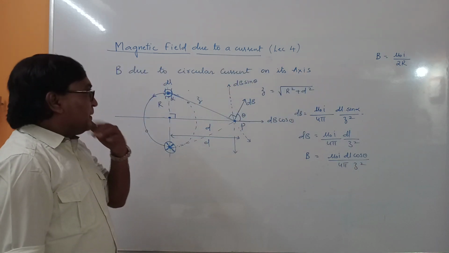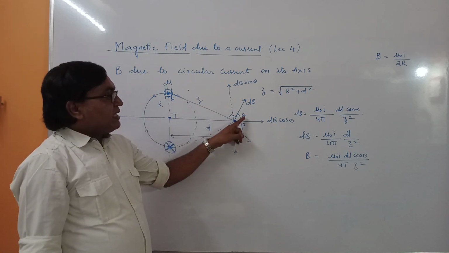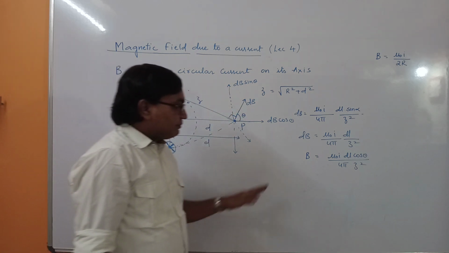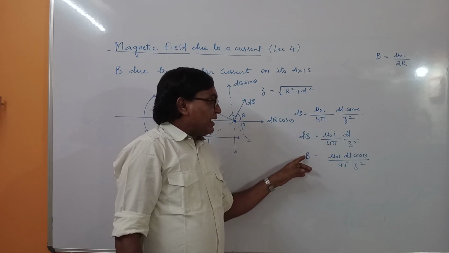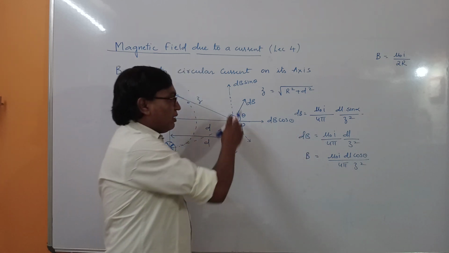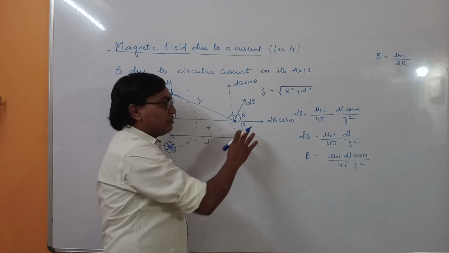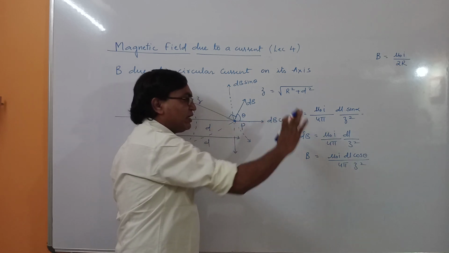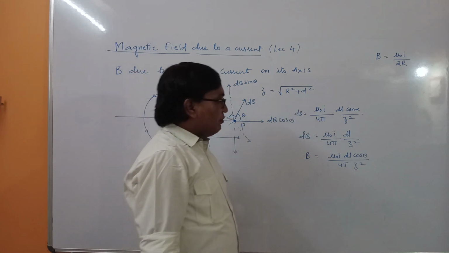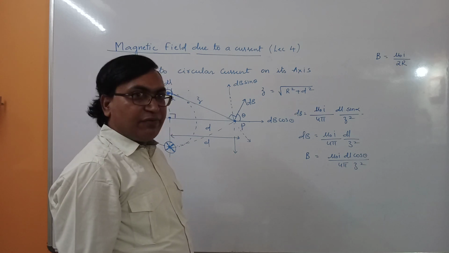This angle is alpha, this angle I have taken theta. Fine. So these components will cancel, and the only magnetic field we will get will be along this direction: mu naught I dl cos theta by 4 pi z square.